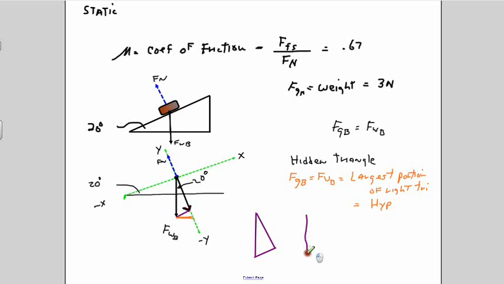If you make that mistake, look at the difference. On this side, this was the hypotenuse. When you do it incorrectly, you change the hypotenuse from here to here. Okay, are we clear on that?